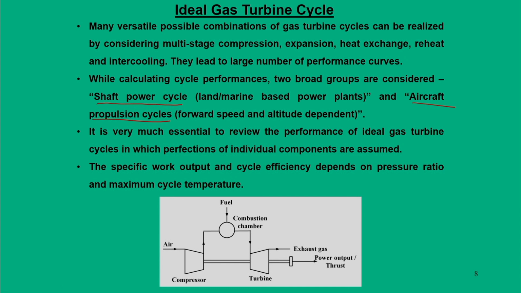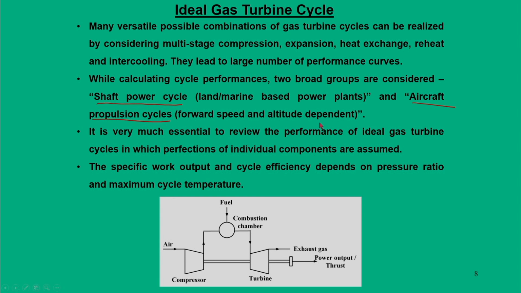Your main concern is that we are going to get work as a power output, whereas in the aircraft propulsion system, thrust is given prime importance, and that gives forward speed. And this aircraft propulsion cycle depends on altitude and forward speed, because the higher the altitude you go, the speed will become more and more, because density comes down with altitude.